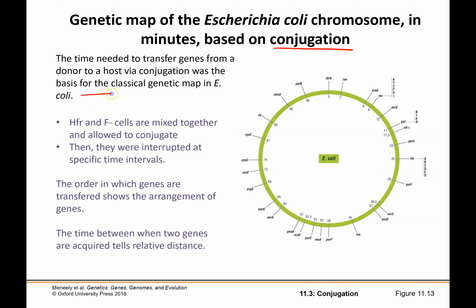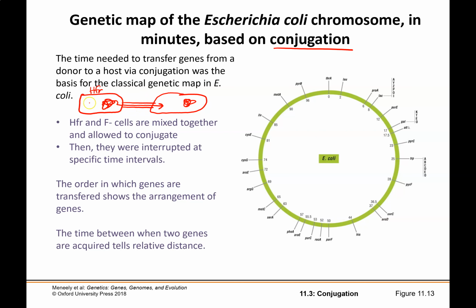Let's say we have an E. coli with its genomic DNA, and it is HFR. So it has the ability to transfer its DNA to another bacterium. Let's say that it produces a pilus and it begins to transfer its DNA. Generally this happens quite quickly, but if conjugation is interrupted, you're not going to get a full transfer of the chromosome, and this pilus is quite fragile.